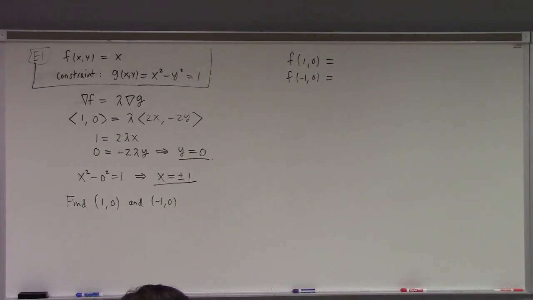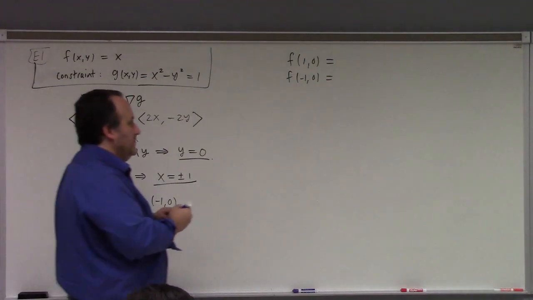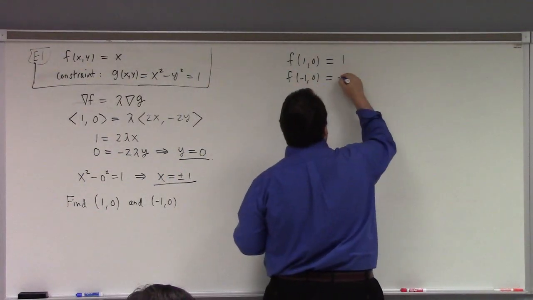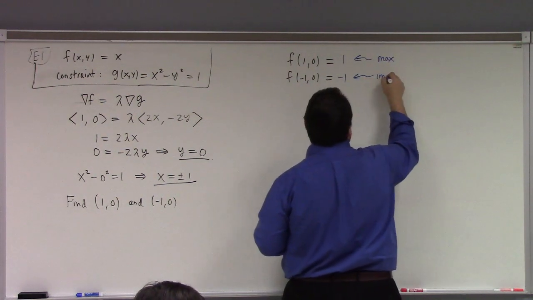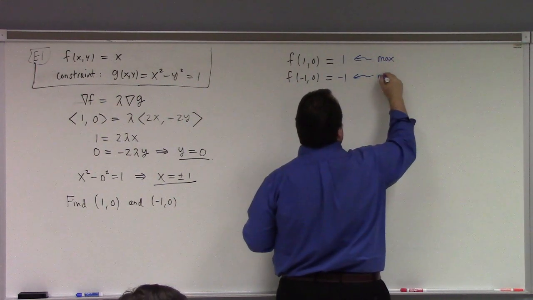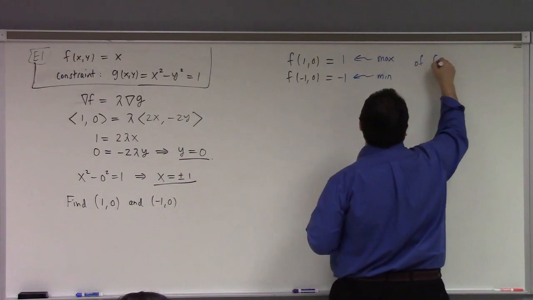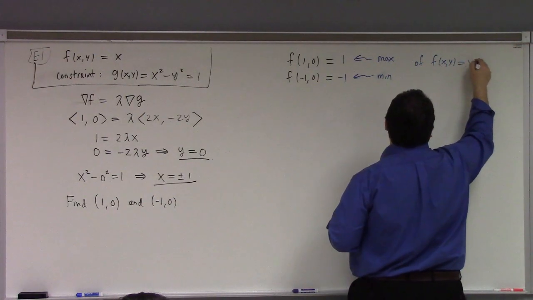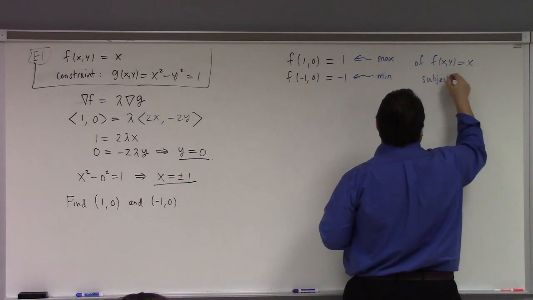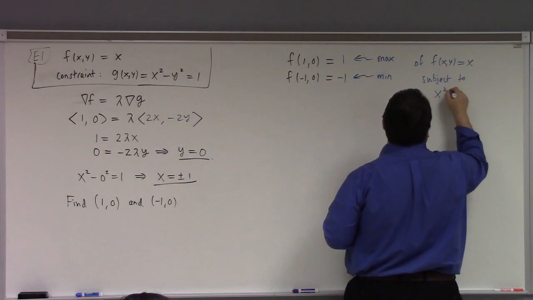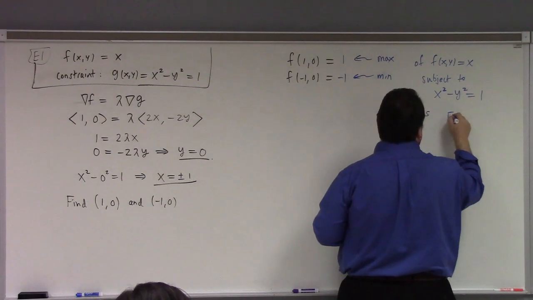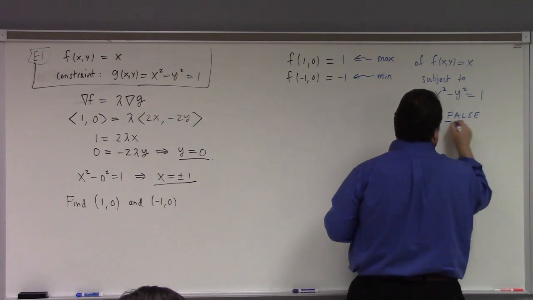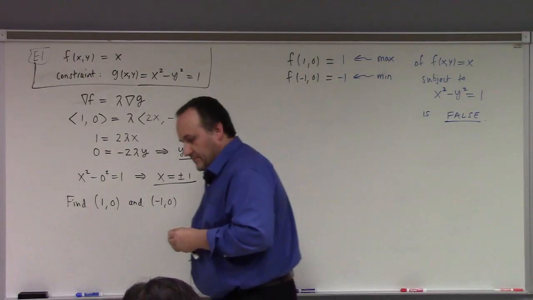Okay, so which one's maximum and which one's minimum? 1 is the maximum, and minus 1 is the minimum, right? But the claim that these are the max and min of f of x, y equals x subject to x squared minus y squared equals 1 is false. It is not true.